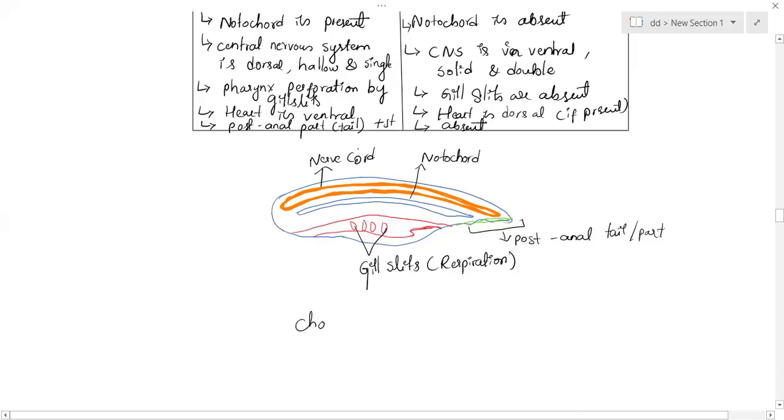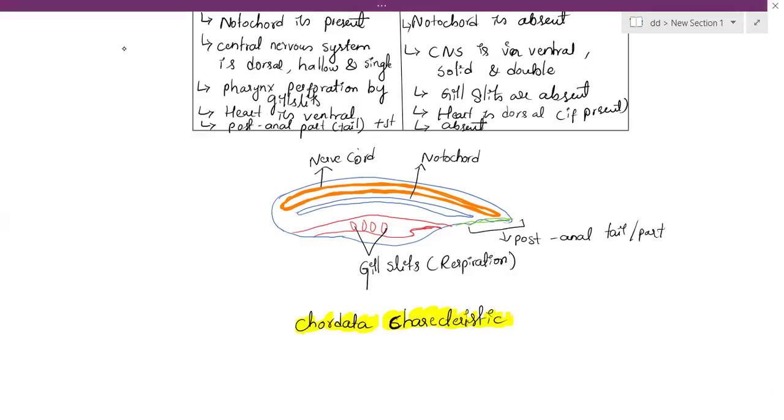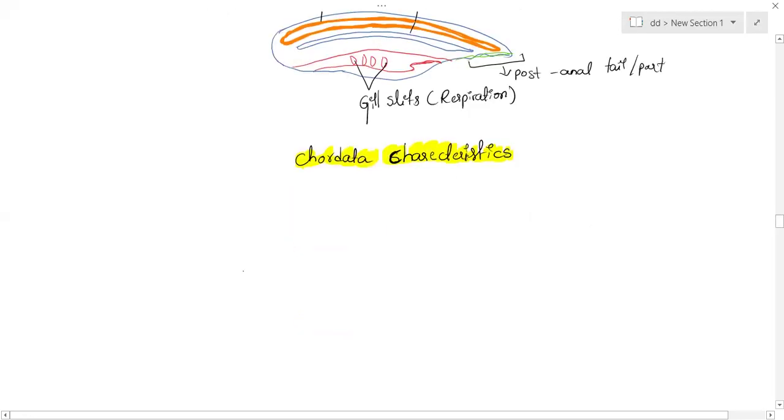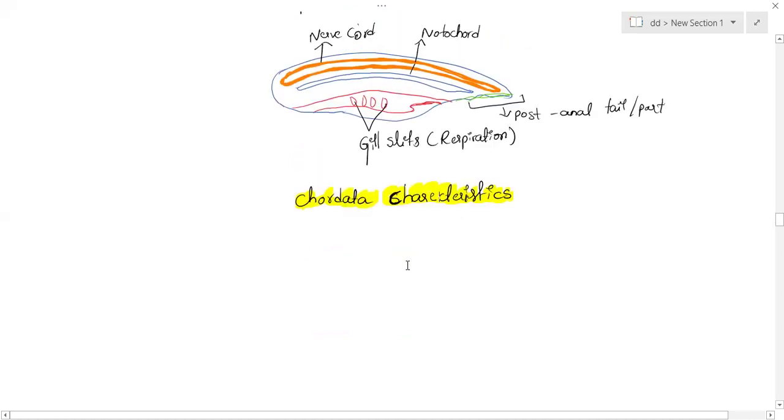So much we have learned. This was just to understand where the notochord is present, where the nerve cord is present, and where the gill slit is present.